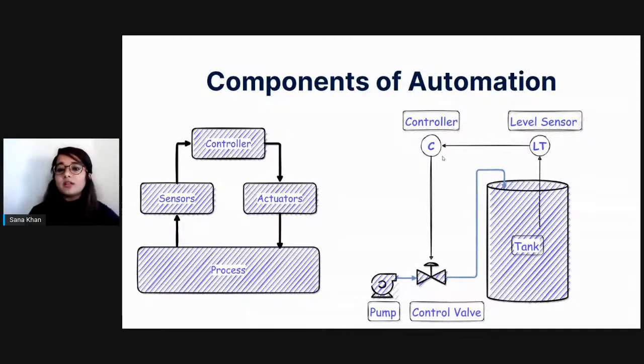If the controller detects that, yes, this is the level of water in the tank that I want, it will send a feedback to the actuator. And what is the actuator we have over here? It's a control valve. Now the valve will be just turned off when I have got the proper amount of set points. So using just the level sensor and controller, I have automated this small example which is present here.